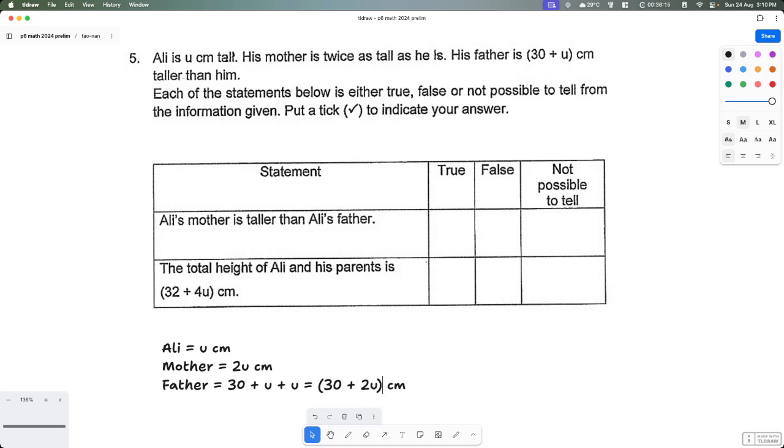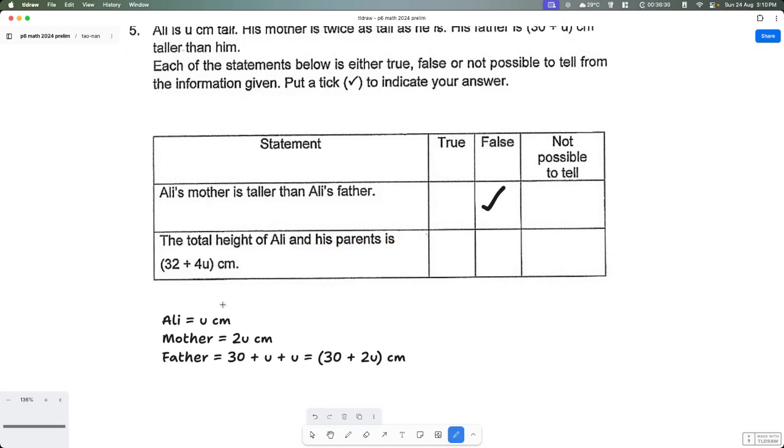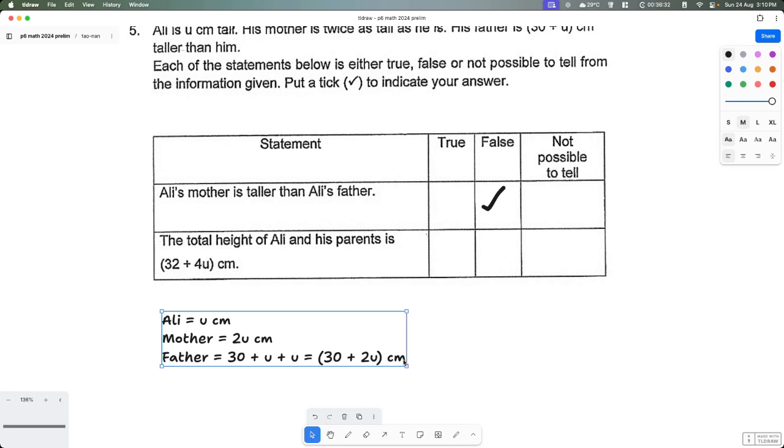Okay, so now let's see what the two statements are. Ali's mother is taller than Ali's father. So father is 30 plus u taller than him. So Ali's mother, this is false. Okay, then the total height of Ali and his parents is 30 plus 4u. So total height is equal to u plus 2u plus 30 plus 2u, which is equal to 30 plus 4u.